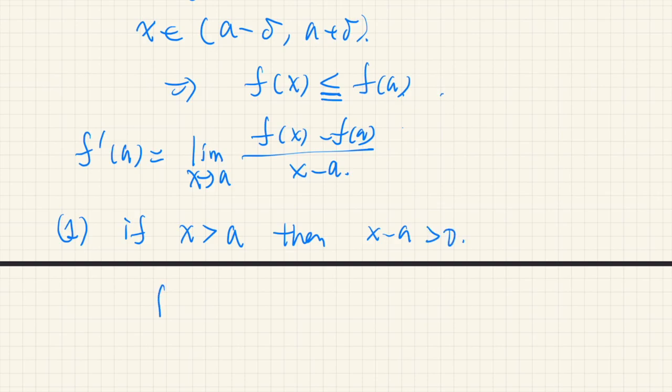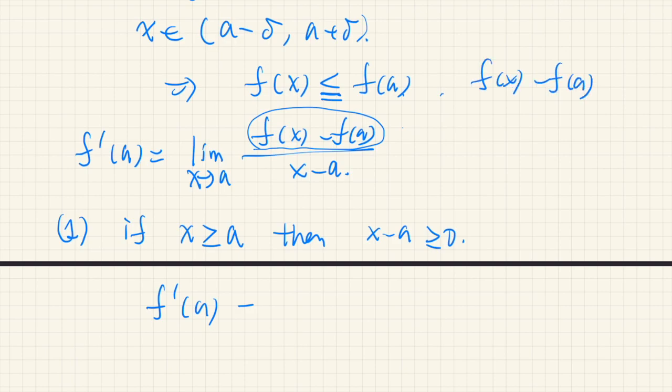The numerator, f of x minus f of a, is negative or 0, so it is non-positive, and the denominator is positive. Therefore, the differential coefficient in this case is less than or equal to 0.